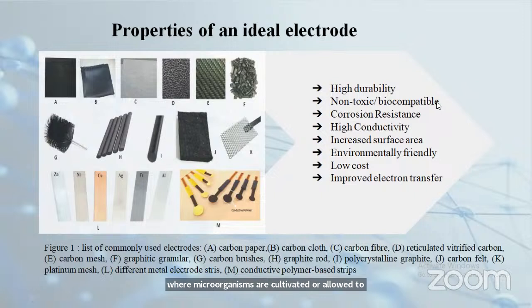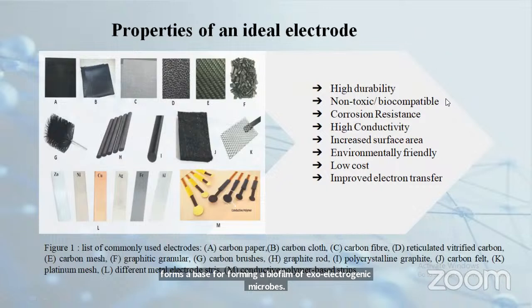So biocompatibility is essential and cannot be compromised as far as the anode is concerned, because the anode forms a base for forming a biofilm of exoelectrogenic microbes. So this property is of extreme relevance for the anode.